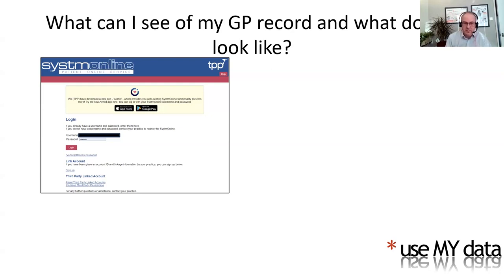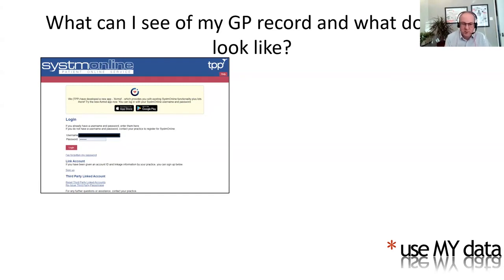So here's one typical example of a GP system. This one's by a company called TPP, which happens to have a large presence in the north of England, which is where I live. And this is my login to my GP record. I can sit on my laptop, log into this online system. I can only log in if I've organized it previously with my GP practice, who can authenticate who I am.